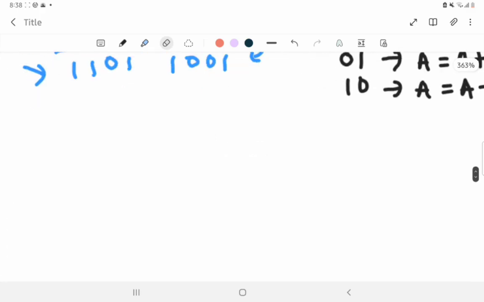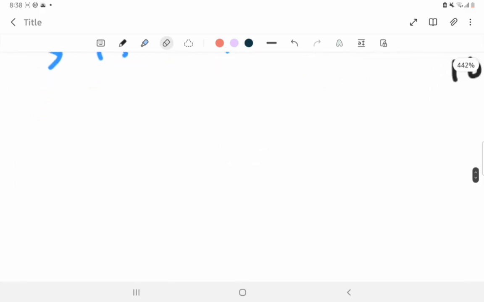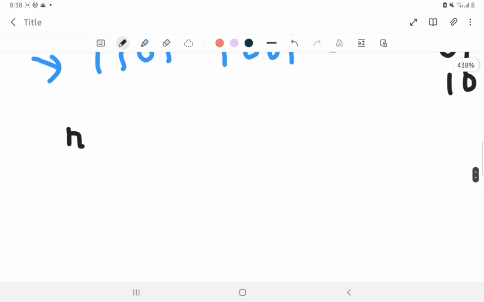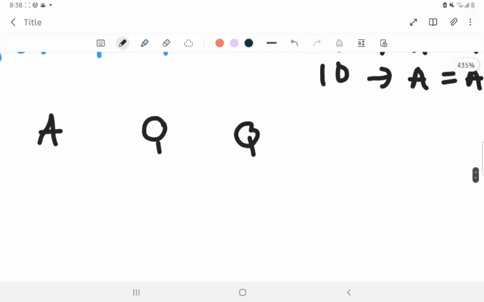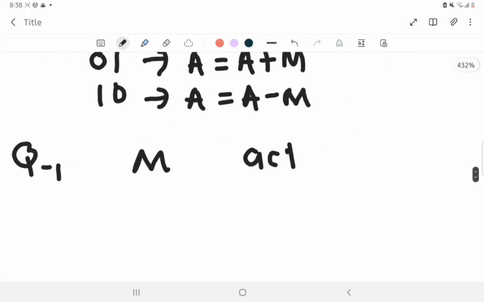Okay, so what do we do now? We have to write what we need. What are our needs? N, A, Q minus 1, M, and action.